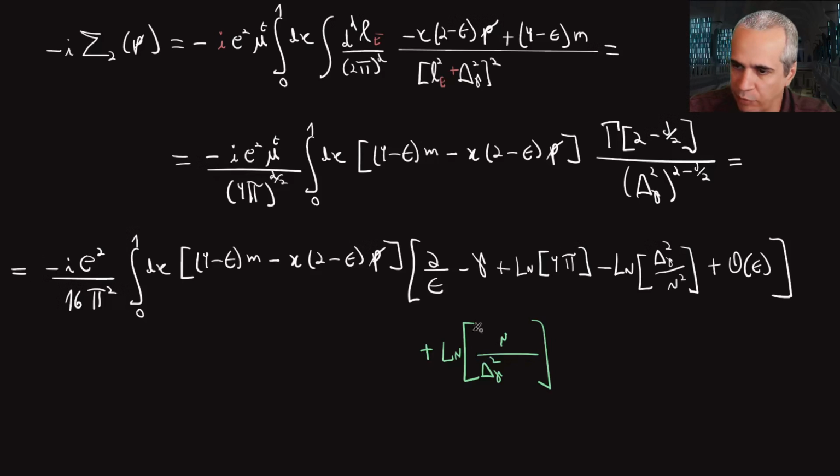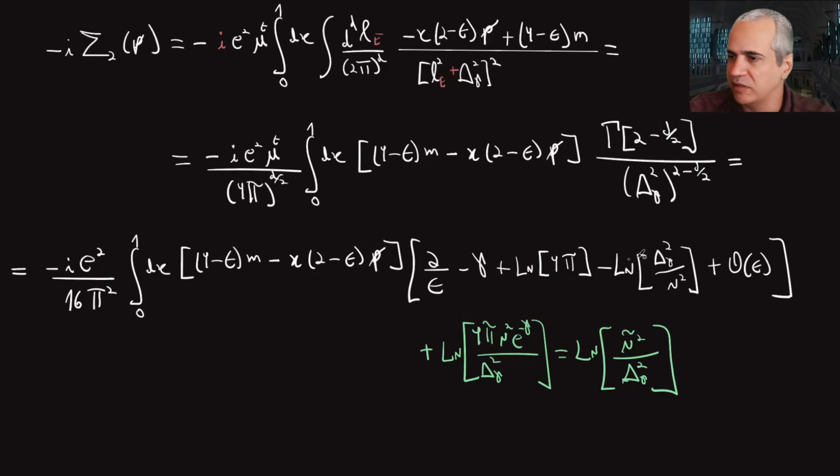I can bring this 4 pi in here, right? And this guy, I can exponentiate, take the log of the exponential of this guy, right? And just put an exponential of minus this constant here. These are all just numbers that I can group with mu and call these just the log of mu tilde square. I had mu square, I'll call this mu tilde square over delta gamma square. That's a way of putting these numbers together.